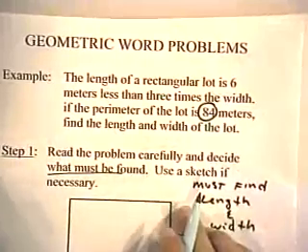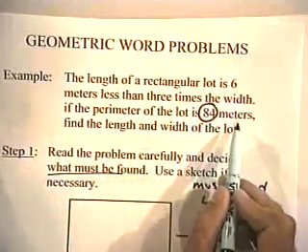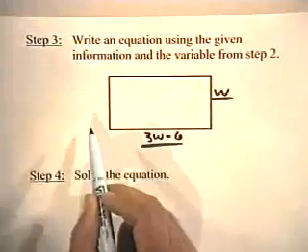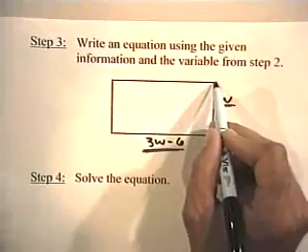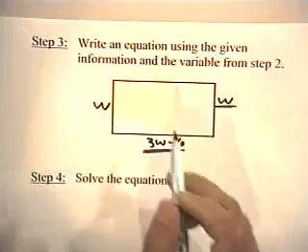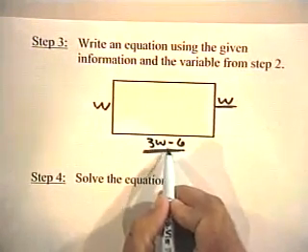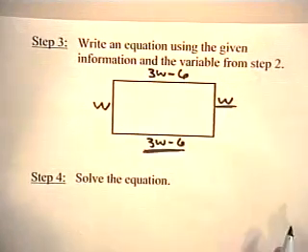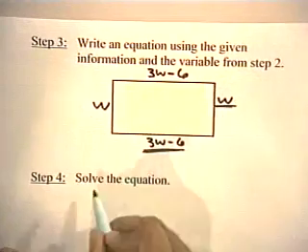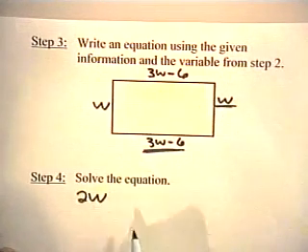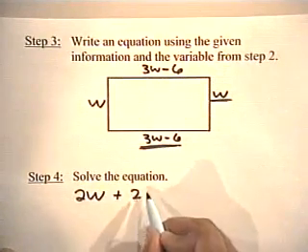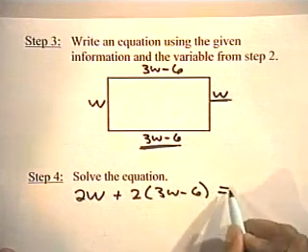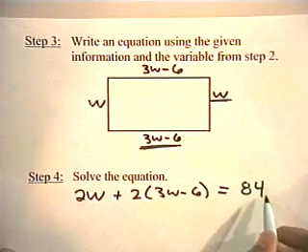It says that the perimeter is 84 meters. Well, what does perimeter mean? Well, perimeter is just the distance around. Well, if I've got a w here, then this certainly has to be w. If I have 3w minus 6 here, this is certainly 3w minus 6. So the equation, I have 2w's plus 2 3w's minus 6. And that must equal the total perimeter of 84.